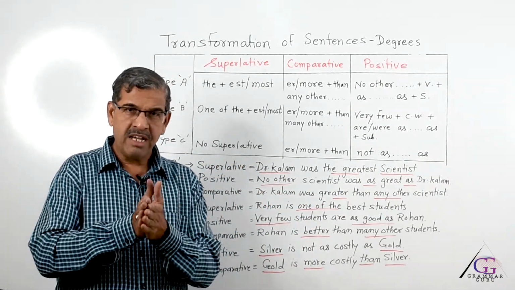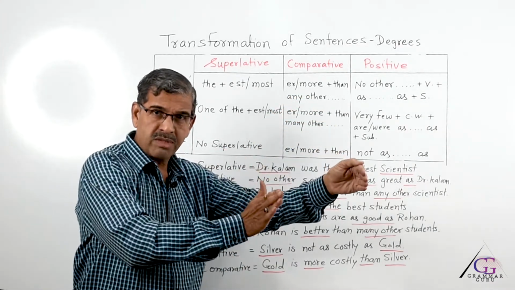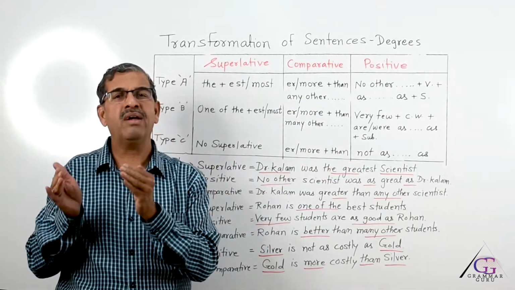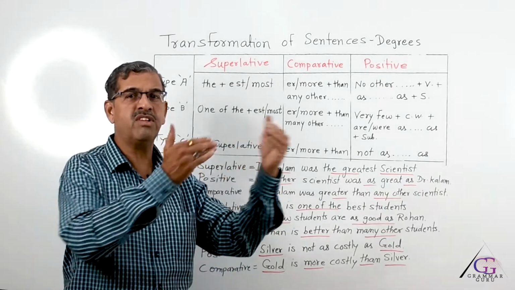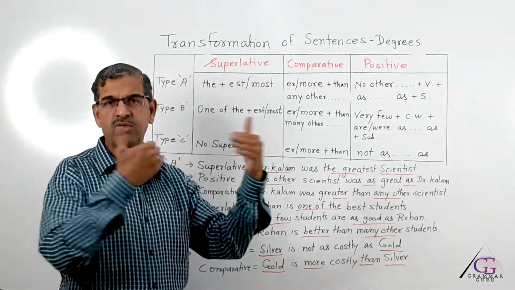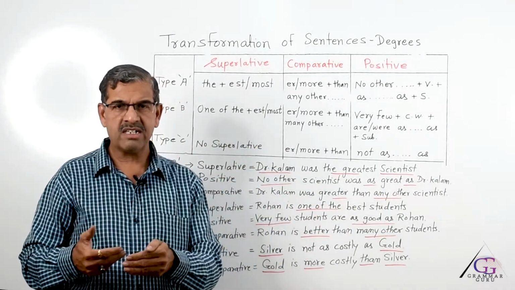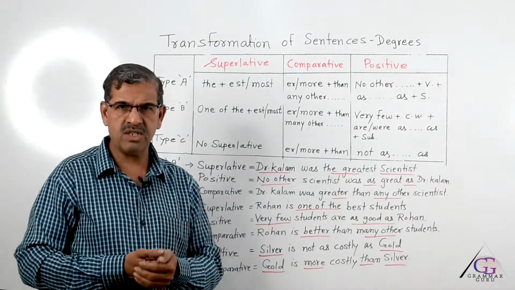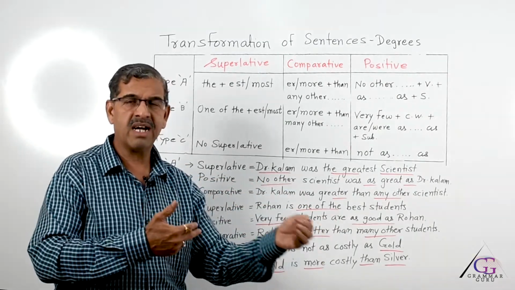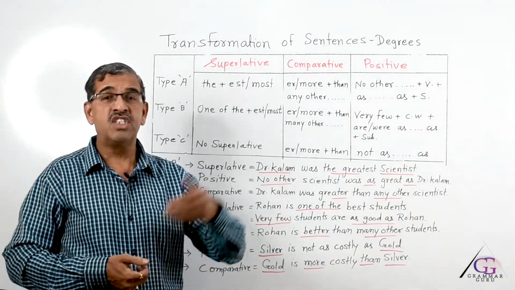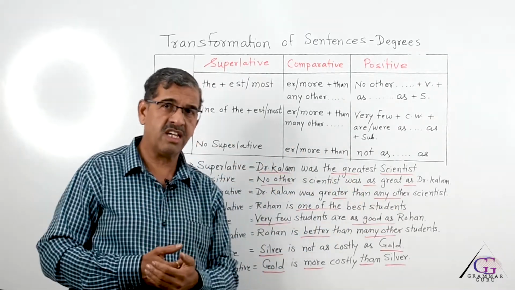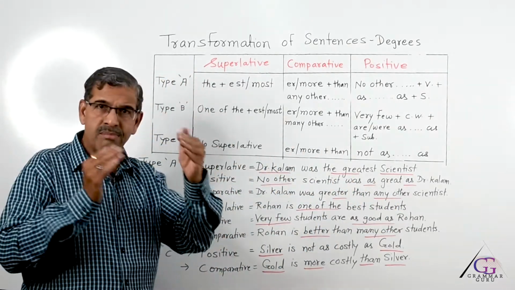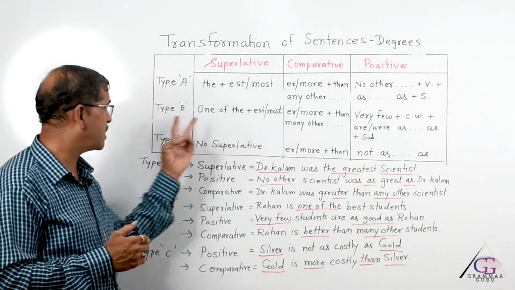But in type B there are many nouns from the same class and we are comparing one with them. Like Ronaldo is compared with many players, Lata Mangeshkar is compared with many singers, scientists are many and Dr. Kalam is one, players are many and Gavaskar, Virat Kohli is one, singers are many and Arijit Singh is one. In that case, when we are comparing one noun with many, it is type B.